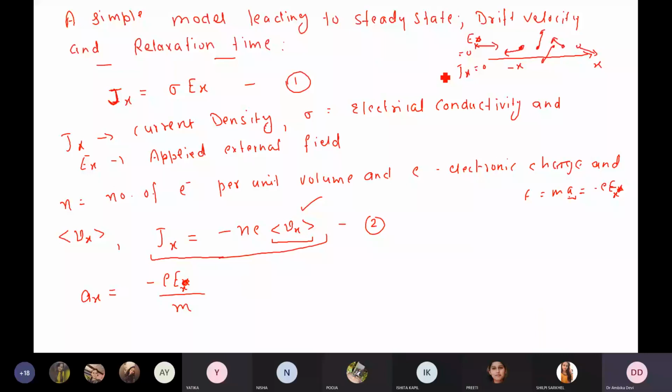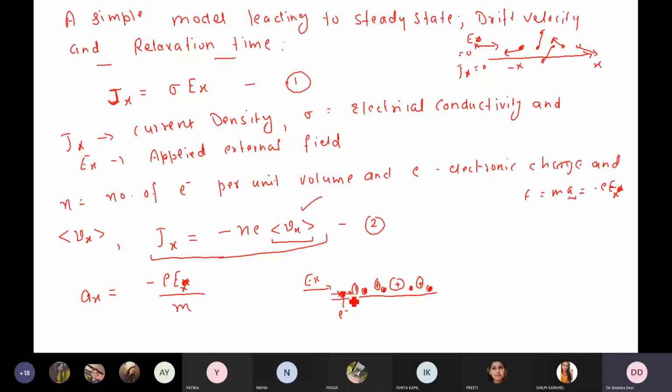As I told you last time also, any electron, when it is accelerated because of the applied external field, will collide with the positive ions inside the system. Let us talk about this electron. When this electron is accelerated by the applied external field, its velocity will increase for a certain time.